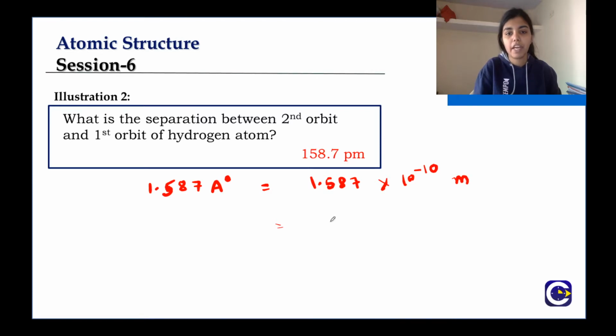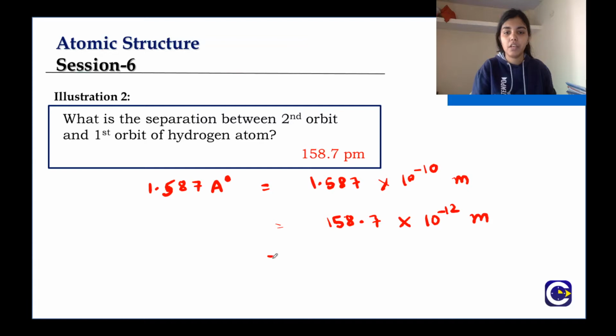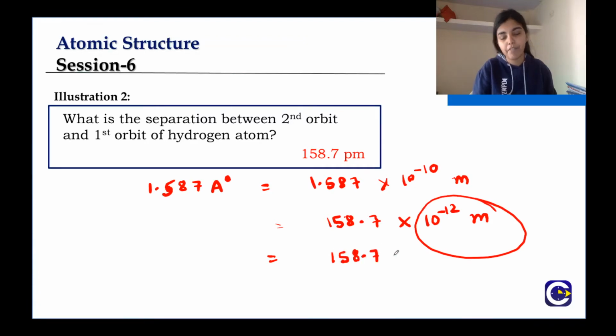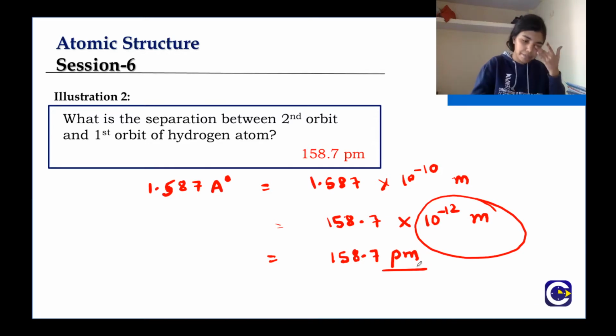Or you can also write it as 158.7 into 10 raised to the power minus 12 meter. Now we know that 10 raised to the power minus 12 meter is equal to how much? Picometers. So answer will become 158.7 picometers. Okay. So this is the answer for this particular question.